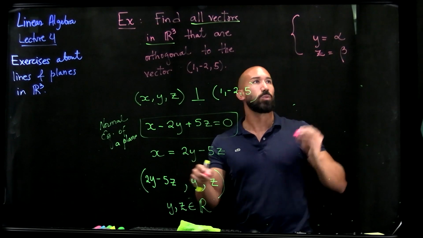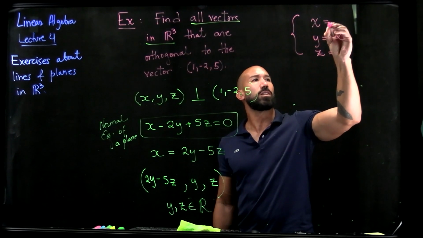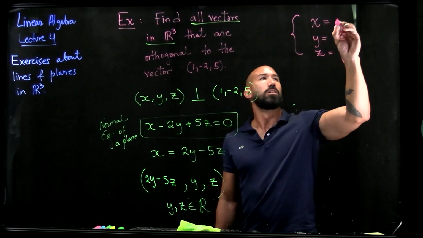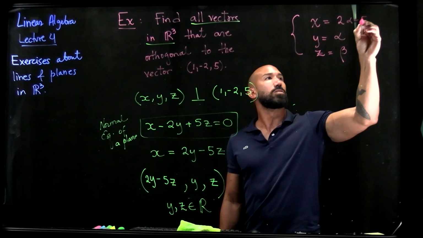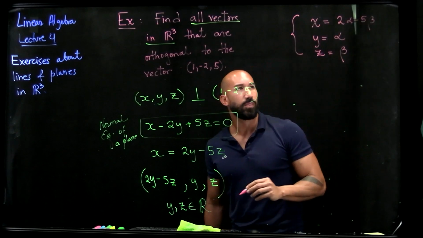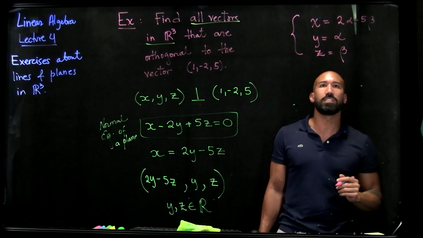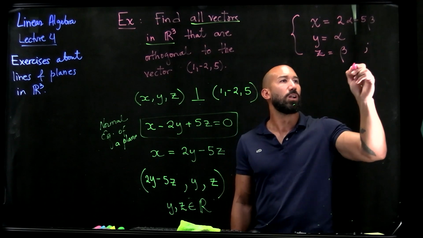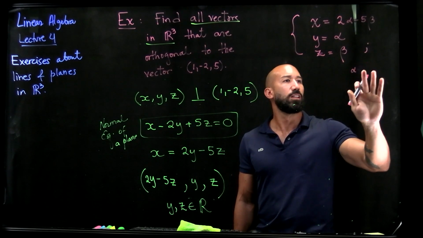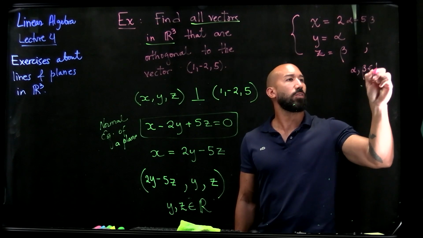And now this equation is telling me that x is equal to 2 alpha minus 5 beta. So this is the parametric equation where alpha and beta are any real number.